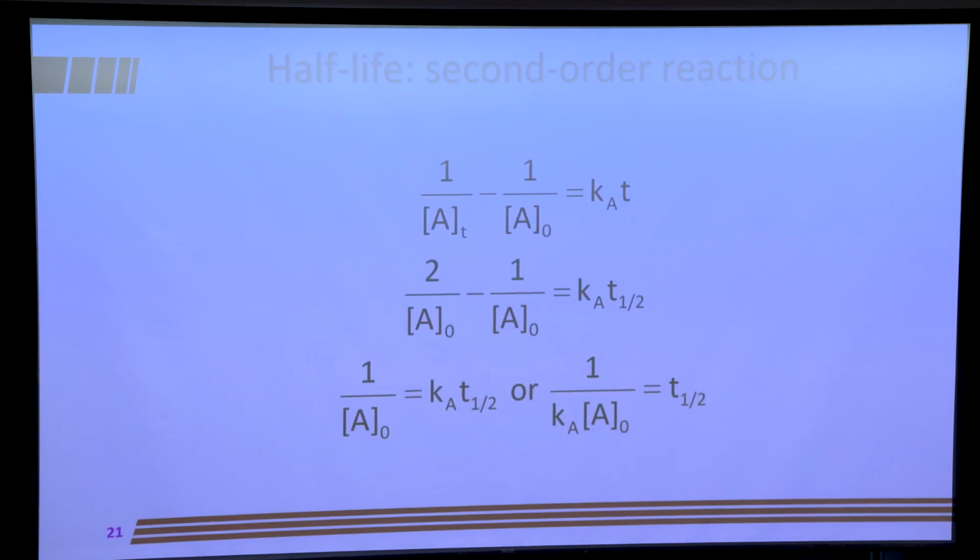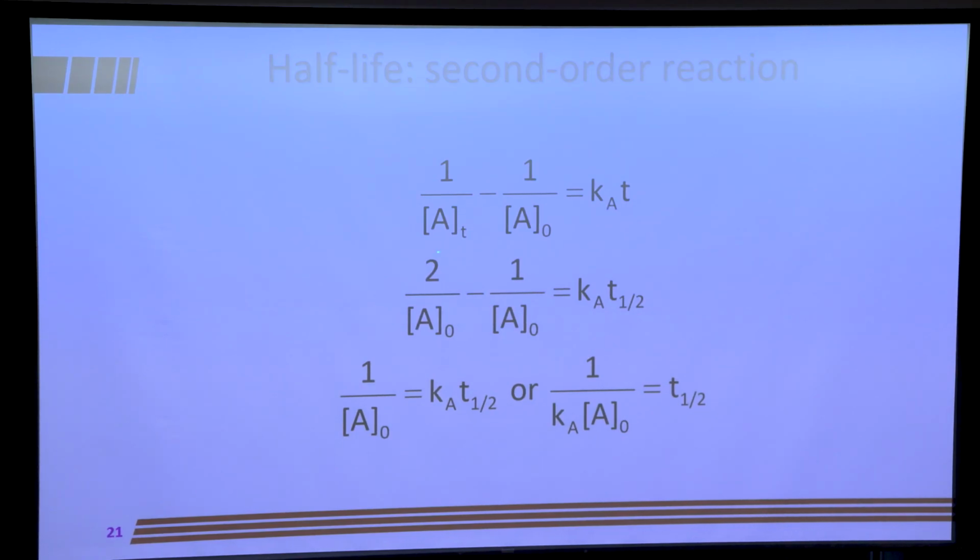And then the half-life of a second-order reaction: we have 1 over the concentration of A at any time minus 1 over the concentration of A at time 0 is equal to k times t. At the half-life, the concentration of A is a half A0.